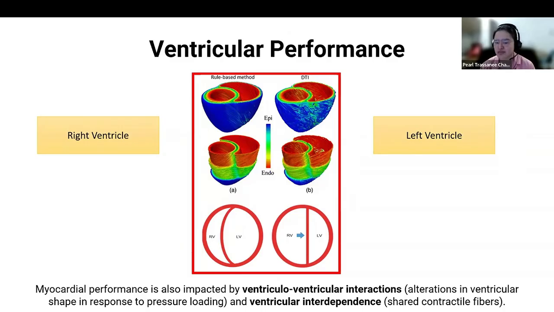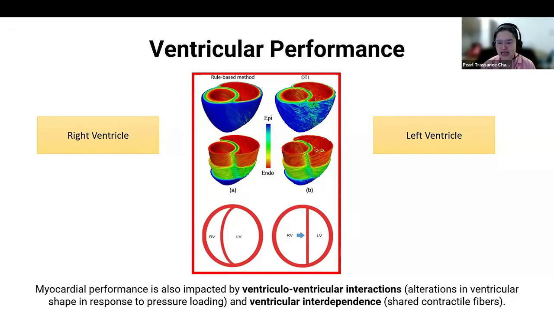In the normal heart, the septum maintains a balanced position between the two ventricles, allowing both chambers to fill and contract efficiently. However, when pulmonary vascular resistance rises and right ventricular pressure increases, the right ventricle begins to dilate and push the septum towards the left ventricle.